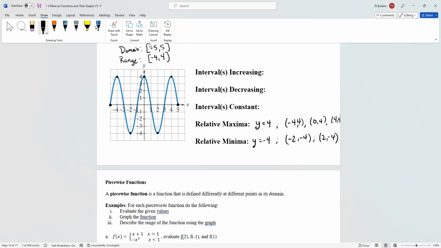Now we're expecting between all of those points for there to be something going on, either being constant, decreasing, or increasing. We've already said no places where this thing's constant, right? So what about increasing and decreasing? Well, it is increasing on this region, on this region, and on this region.